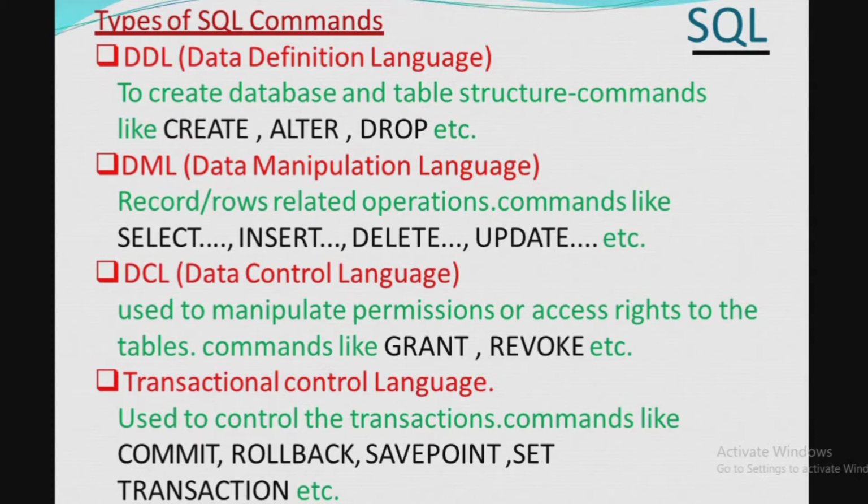Record and row related operations are done in DML. DCL, data control language. It is used to manipulate permissions or access rights to the tables. Commands like grant and revoke are the examples. Transactional control language is used to control the transactions like commit, rollback, save point, set transaction.